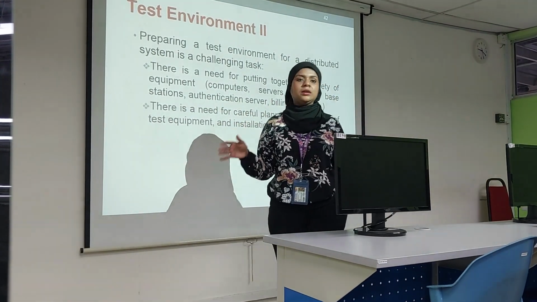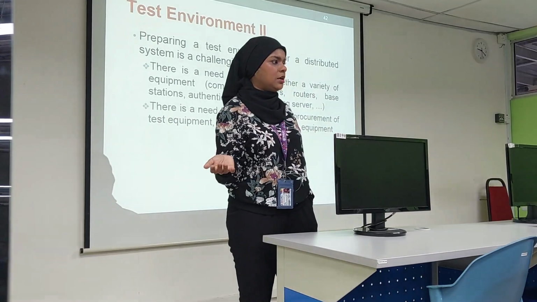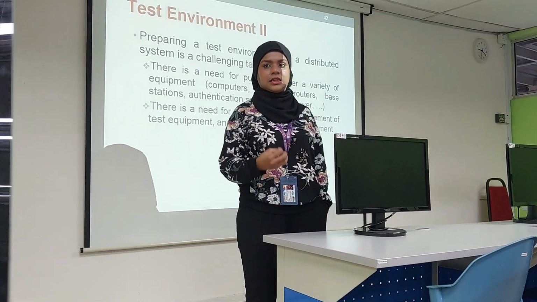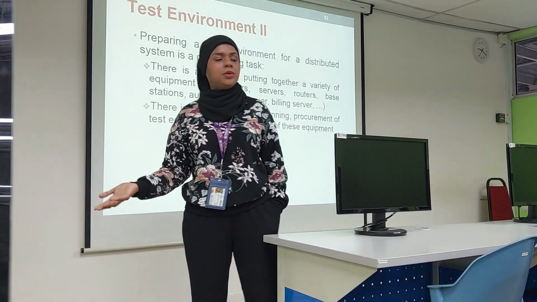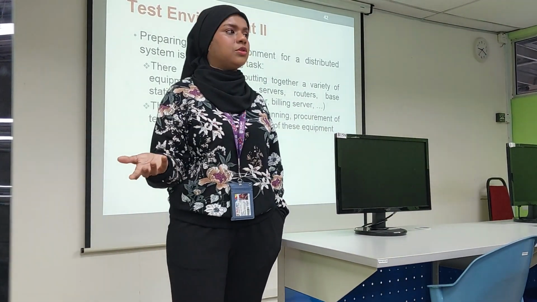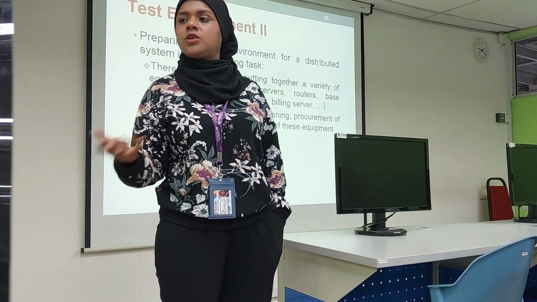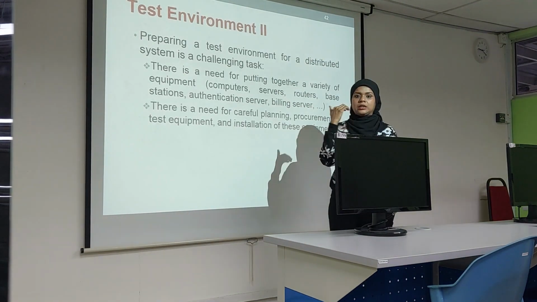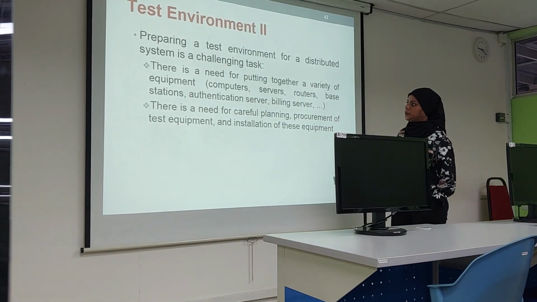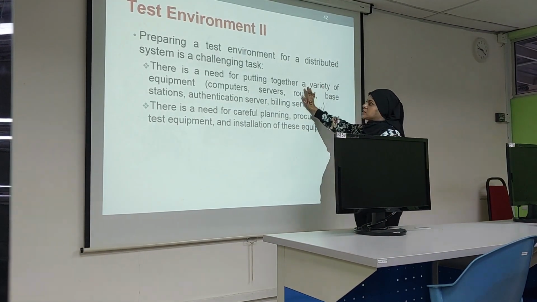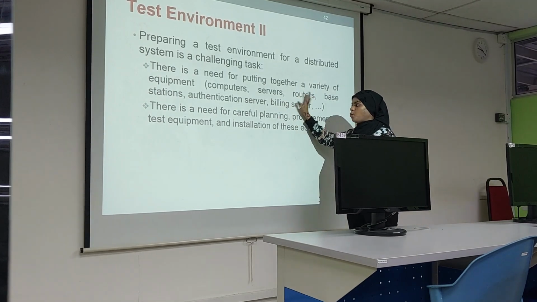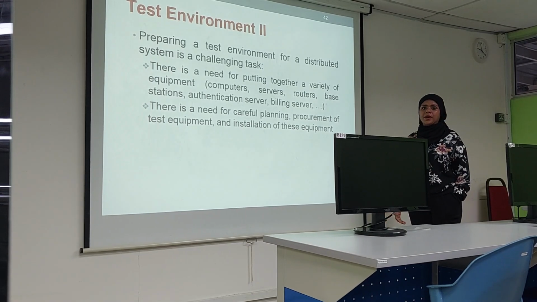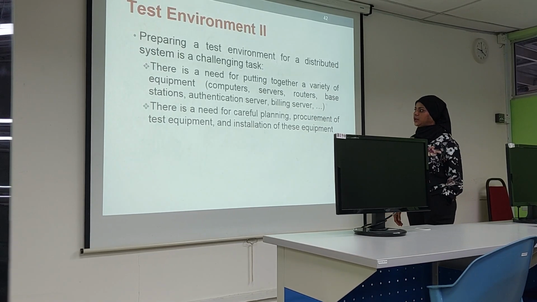Either we cannot continue testing because the test environment might crash or might not support the testing, or we might not be able to get accurate results. All of these can be side effects of how we set up the test environment. This is just an example of a distributed system, where we might need something additional compared to a normal system.